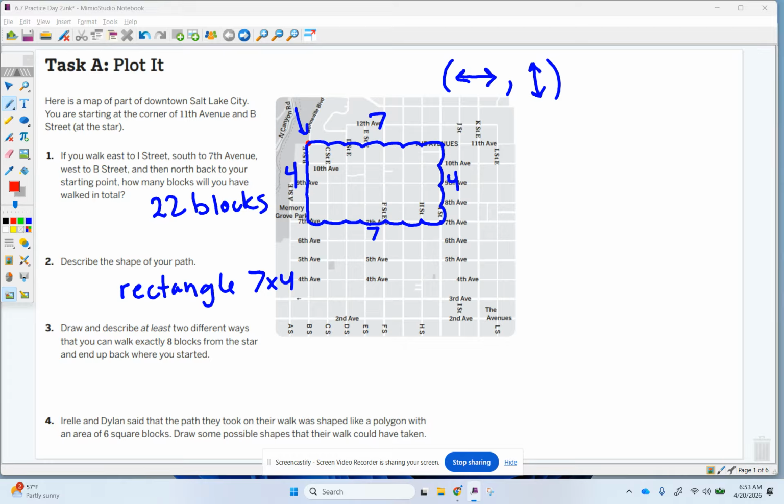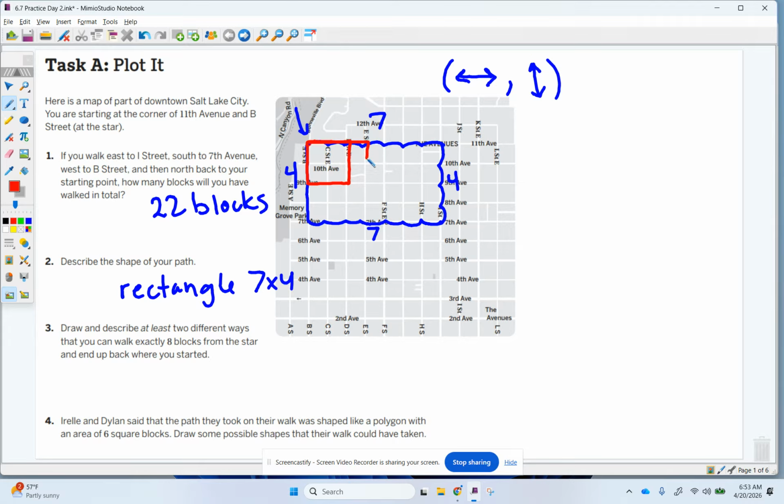So 8 blocks, you're looking at something like you can walk a 3 by 2 or a 2 by 3. Maybe, because that would be 3, 4. Nope, that's not right. 8 blocks. I could walk a 2 by 2 by 2 by 2. That would be 8 blocks.